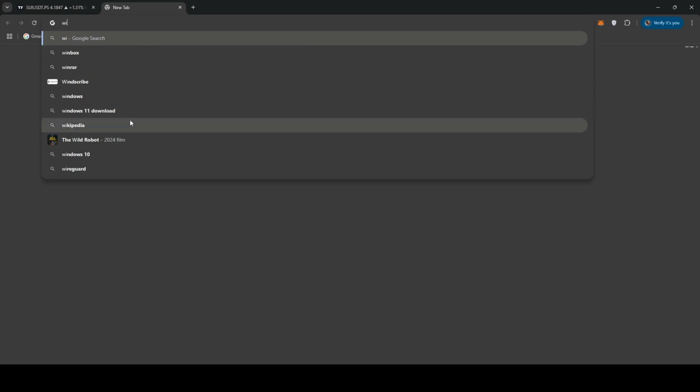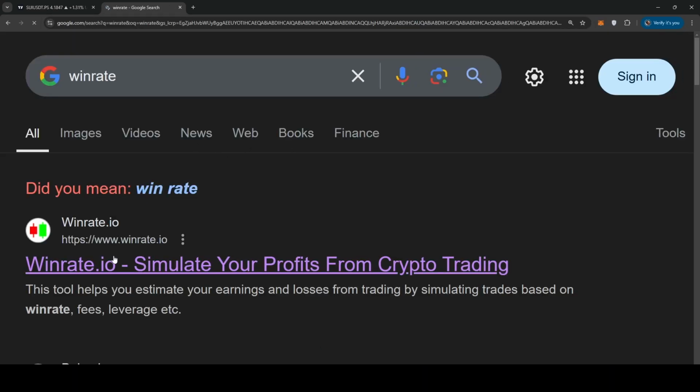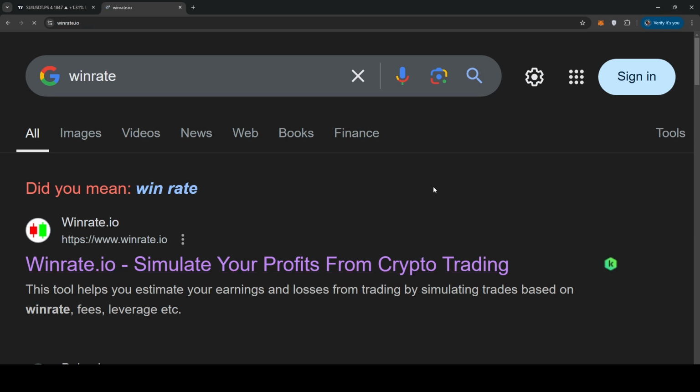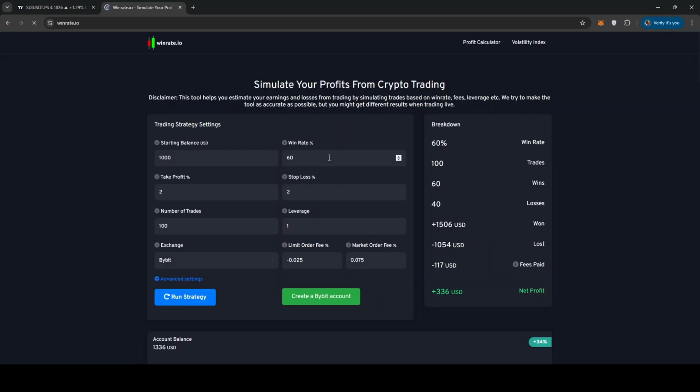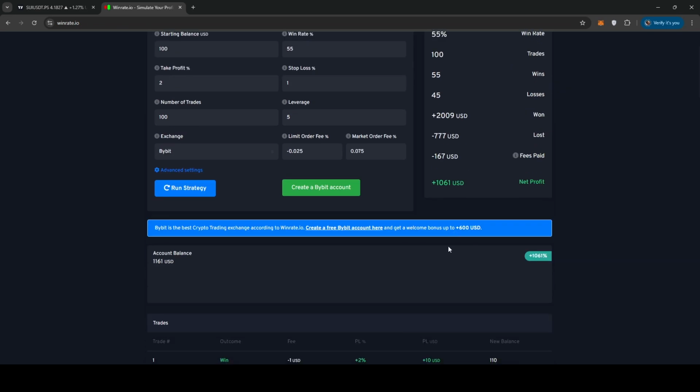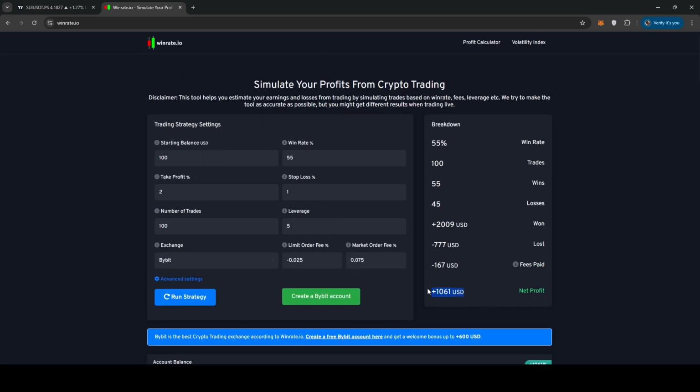I did this strategy 100 times and I got a win rate of 55%. That is great. If we start with, say, $100, with a take profit of 2 and a stop loss of 1, and for example 5 leverage, if we do it 100 times, the amount we gain is insane, as you can see.